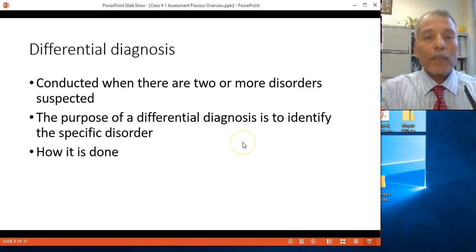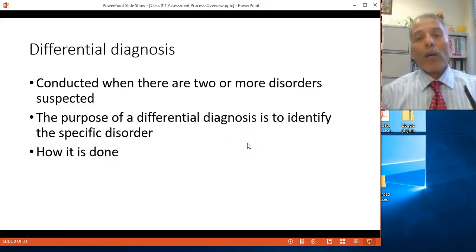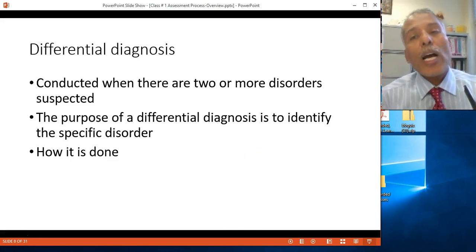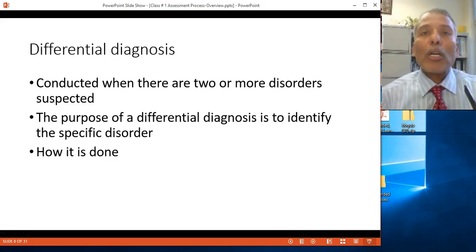Anyways, differential diagnosis is the process of diagnosing a problem when more than one problem is suspected. For example, someone refers a case to me and says, we don't know if the person has an auditory processing problem, memory problems, or a language disorder.